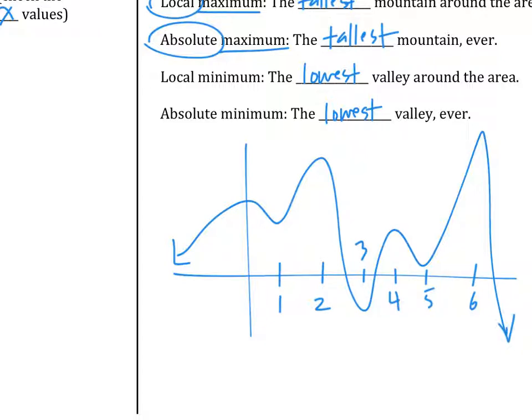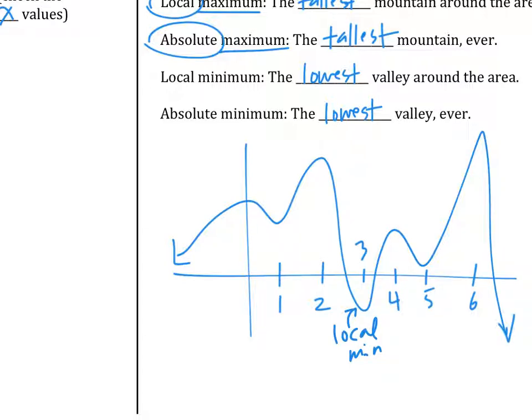Sorry, did I say absolute valley? Absolute minimum. There is none. My graph keeps going below, right? My graph keeps going down forever. So then what is 3? The local minimum.